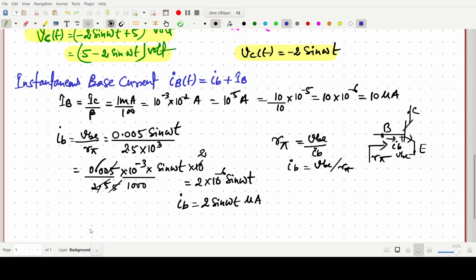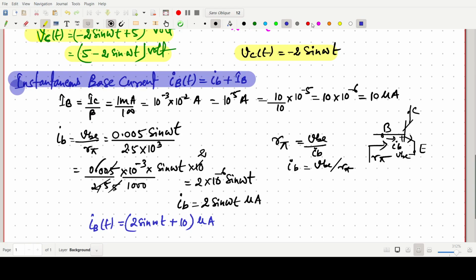So the instantaneous one, IBT, is the AC part, 2 sine omega t microamperes, plus the DC component 10, all in microampere. So the instantaneous base current will be 2 sine omega t plus 10.